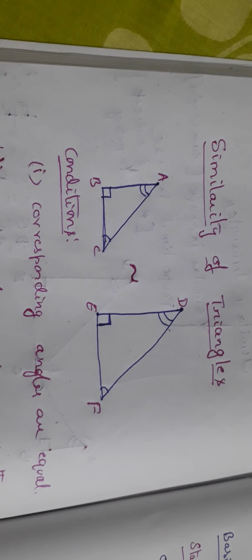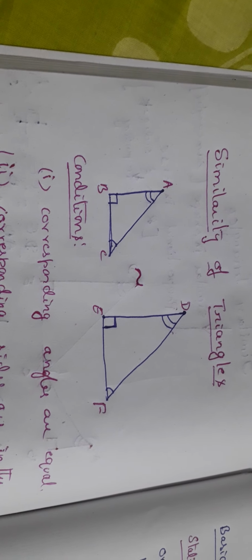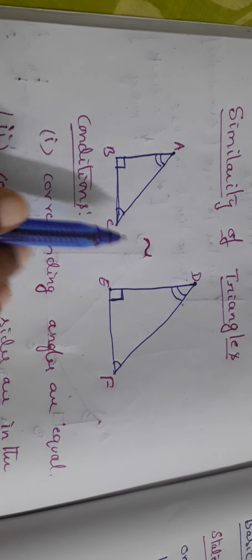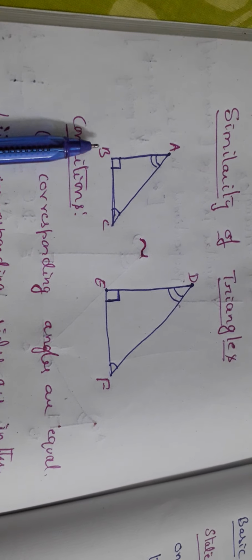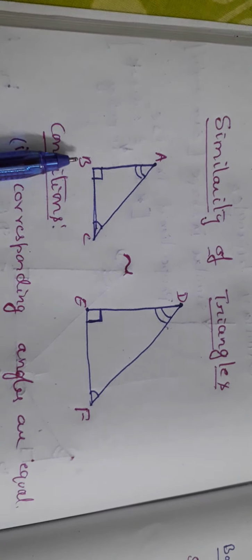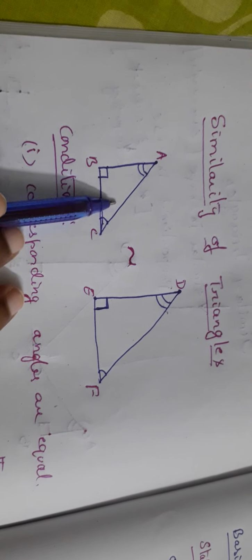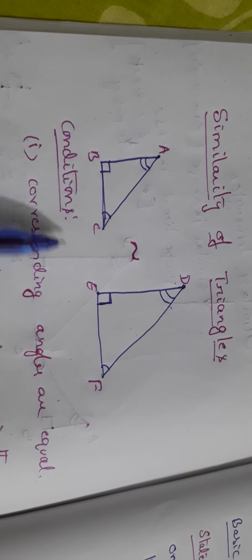Right children, now let us discuss in detail the similarity of triangles. See, this is the symbol of similarity. Here we are provided with two triangles, ABC and DEF. If these two triangles are similar, what are the conditions?